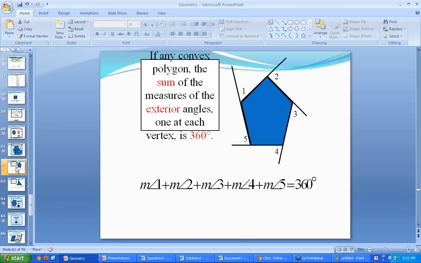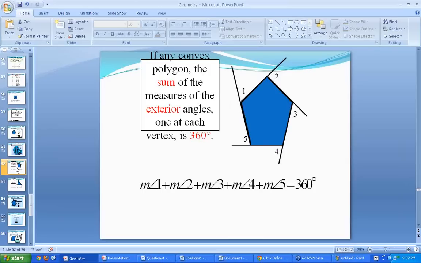Now another important formula you can say: in a convex polygon, or simply put in a polygon, the sum of the measures of all the exterior angles will be 360 degrees.